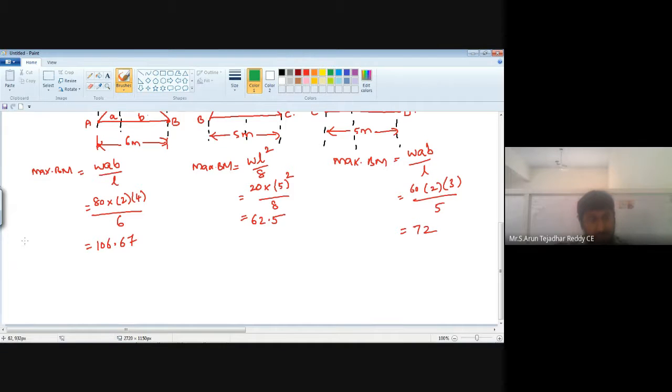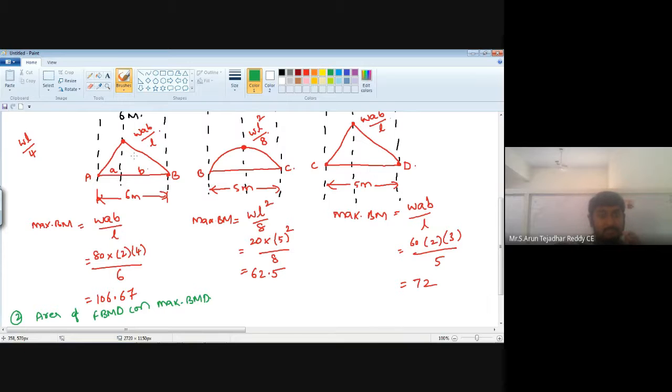Here the second step: area of the free bending moment diagram, or else we can write it as the maximum bending moment diagram also, no problem. So we are calculating the first beam A to B. Name it as A1. Now, if you observe, this is your first diagram, second diagram, third diagram.